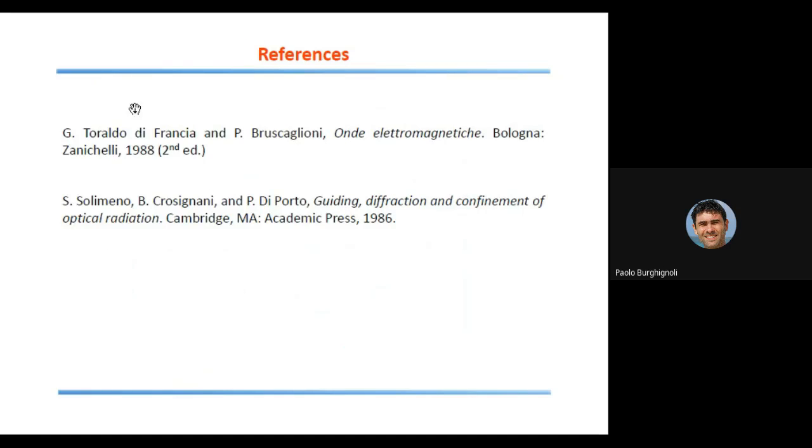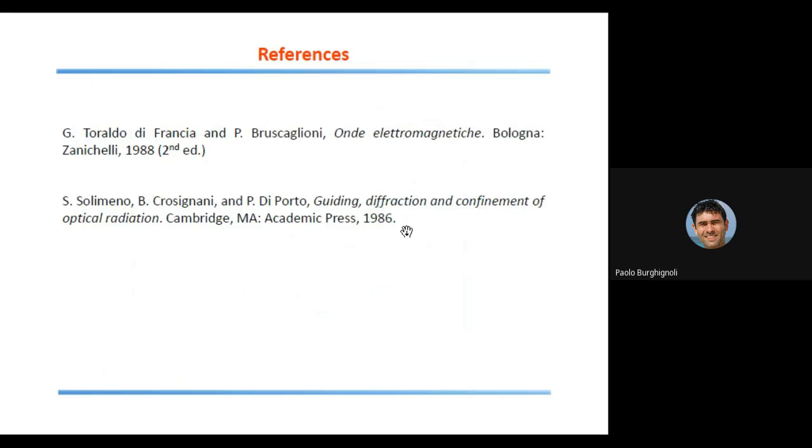I have taken the initial slides in this lesson from this book by Giuliano Toraldo di Francia, who was an important physicist who studied optics at the University of Florence, by the way. And this book is in Italian. There is also much material taken from this beautiful book by Solimeno, Crosignani, and Di Porto, published by Academic Press.